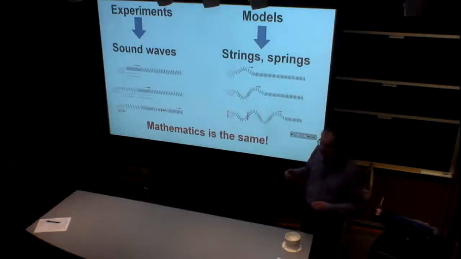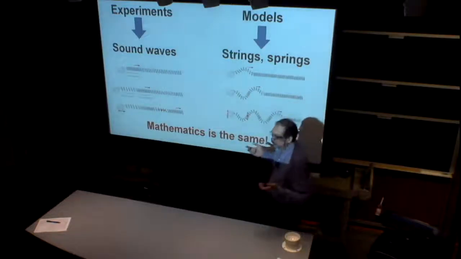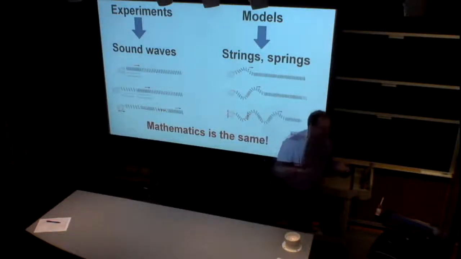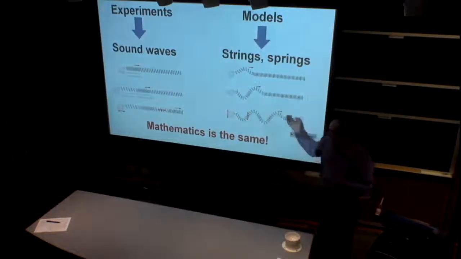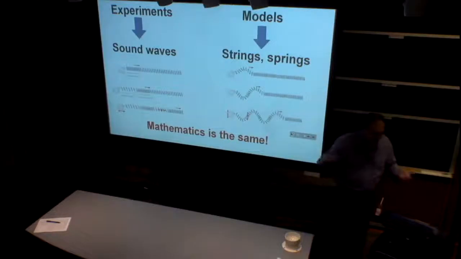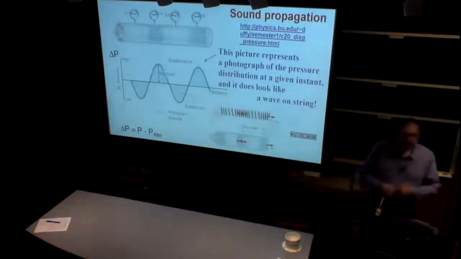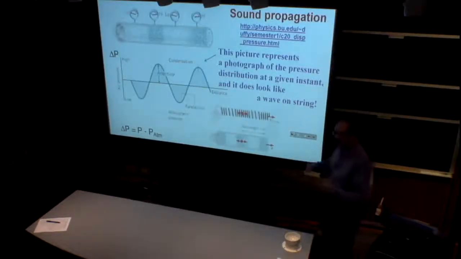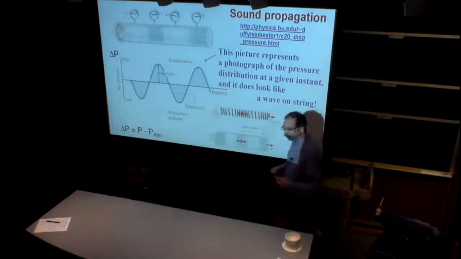So instead of imagining sound waves, we will be imagining the waves on the strings, on the rope, because it's easy. But mathematically, there is no difference, of course. Mathematically, the equations are the same. So everything we say about one type of a wave automatically is correct about another type of a wave, back and forth.